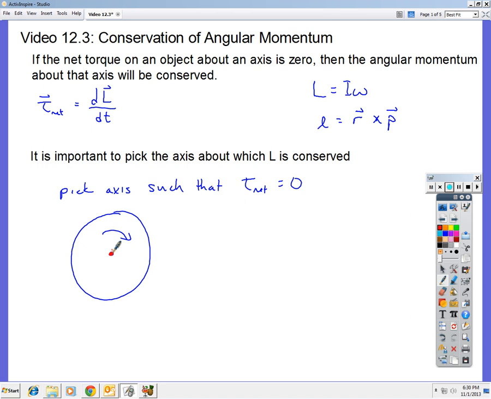Actually that's a poor example, but if you pick the pivot to be the center, you've got the normal force from the axle and the weight of the wheel, and notice that neither one of them exerts any torque. But now, if you move the pivot over here, you'll find a torque from both of them. The net torque is still 0, so that's not such a great example, but it is usually important to pick your axis. And on some of the more complicated examples, I'll explain how to do that.